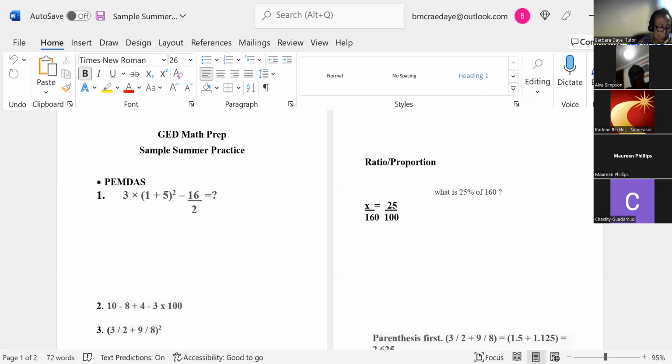Parentheses first. So, let's see. So the second, 16. Okay, 3x.